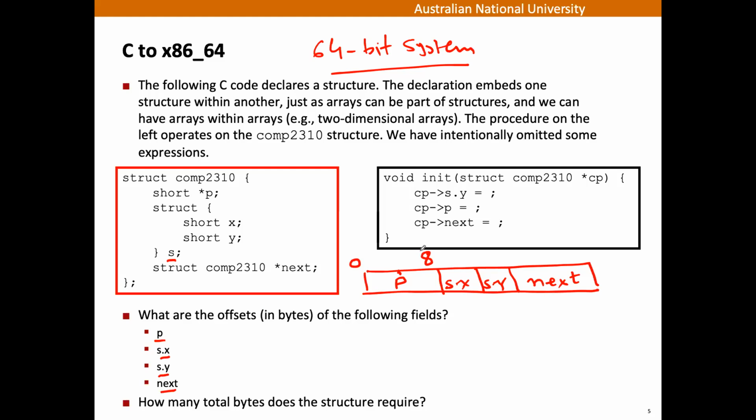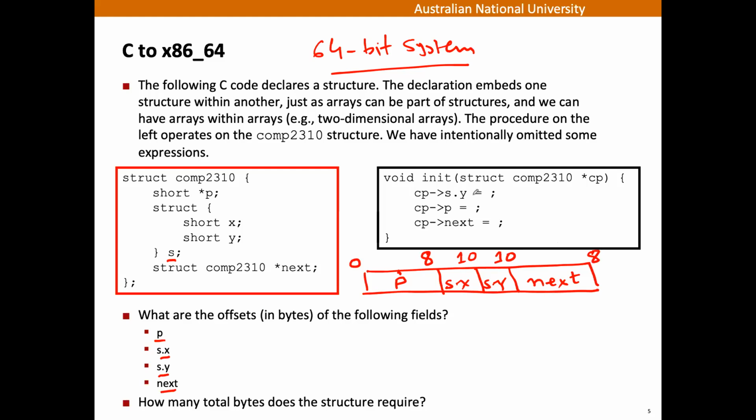So how many bytes are there in s.x? 2. Short is 2. You need to remember how big is short, how big is int, and you will have all this. It's an open book exam. You'll have all the slides. And how big is next? So a pointer is an address, and on a 64-bit system, an address is 8 bytes, okay?